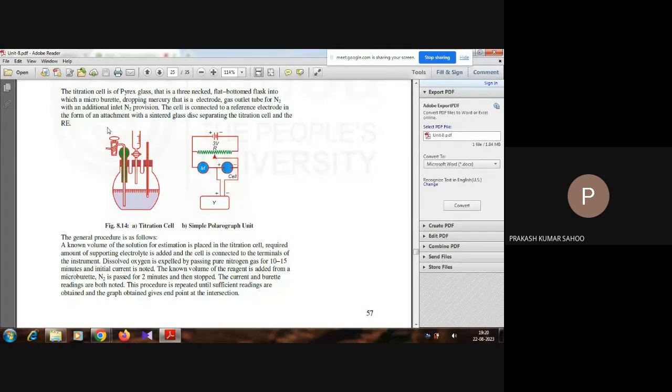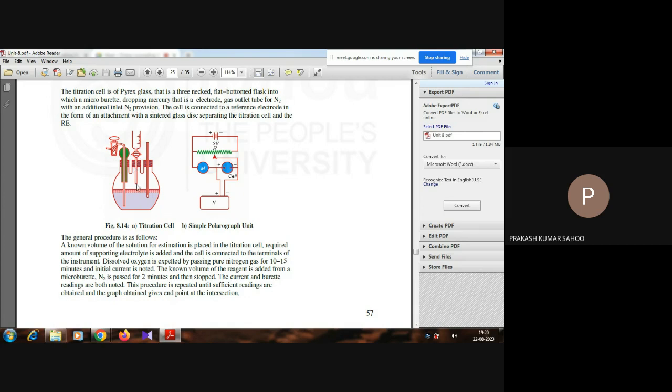But in an amperometric titration, a Pyrex glass system is used, which has a thin neck and a flat bottom to make it stand strongly. The micro burettes are here. Dropping mercury electrode is here. Gas outlet tube for nitrogen, with an additional inlet of nitrogen provision, and this is the burette. This is the addition of EDTA, the complexing reagent.